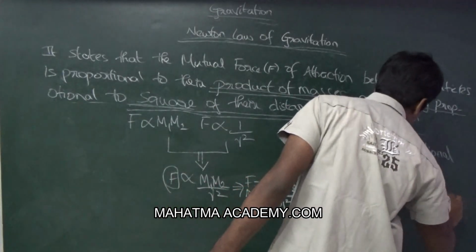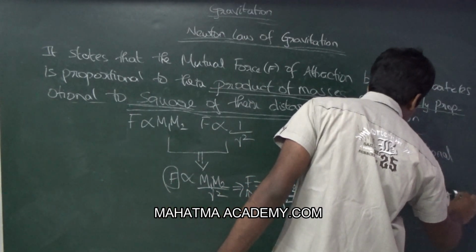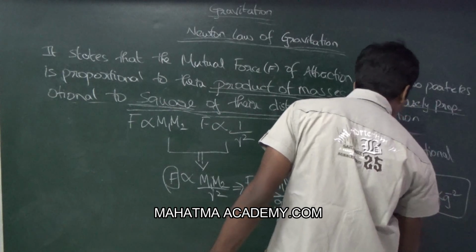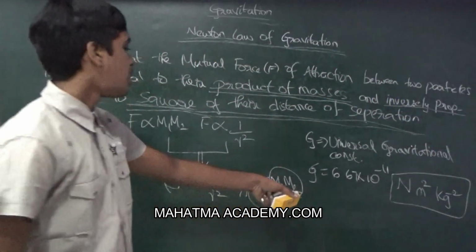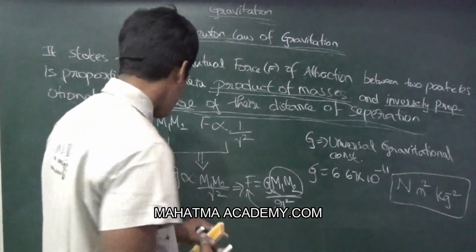So kg to the power of minus 2. These are the units of the value of G.